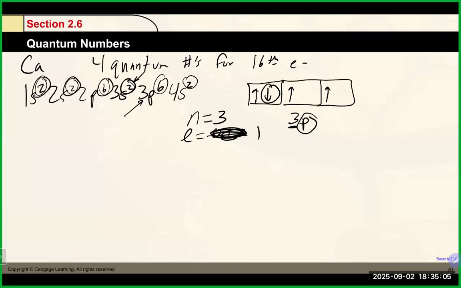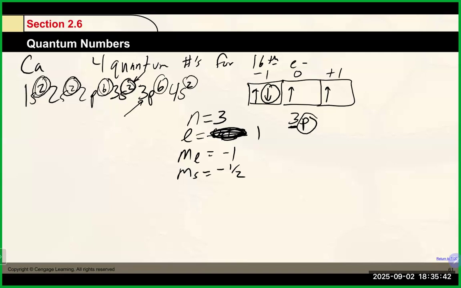So once again, our l value would be 1 because we're talking about the p orbital. Our m sub l value would be -1 as it's sitting in that subshell basically. And our m sub s in this case would be -1/2. Yeah, so those would be our 4 quantum numbers here for that particular electron, which was the 16th one we were looking for. And again, visually, sometimes it's helpful maybe just to draw a little section of it and put the electrons in the proper way so you can visualize maybe what's going on.